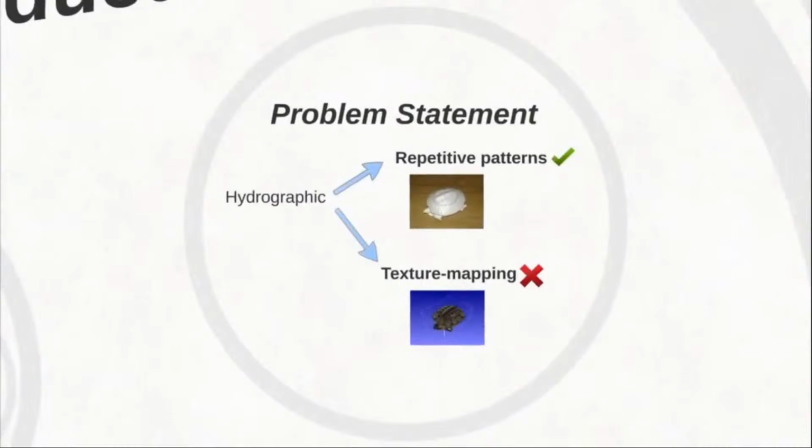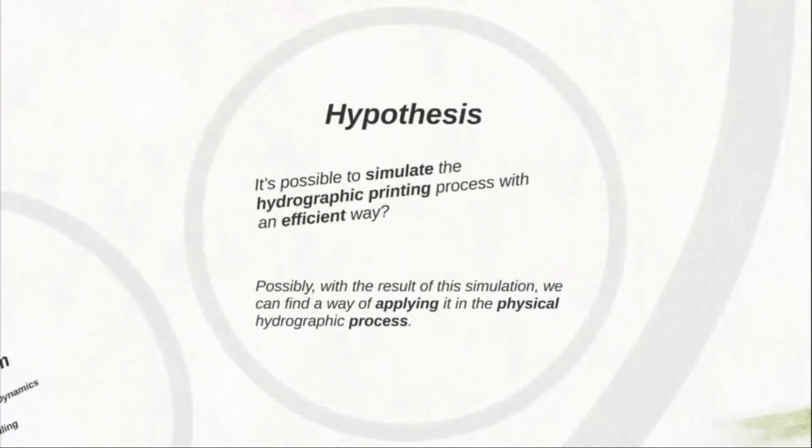It's very common to use hydrographic printing to transfer repetitive patterns to the object. If the goal of hydrographic printing is to map a texture to the object, like a texture map does in a computer graphics model, we face the difficulty of mapping the hydrographic film to the physical object. This is a limitation in the process, and is the main challenge in this work.